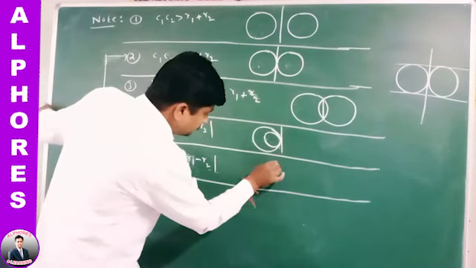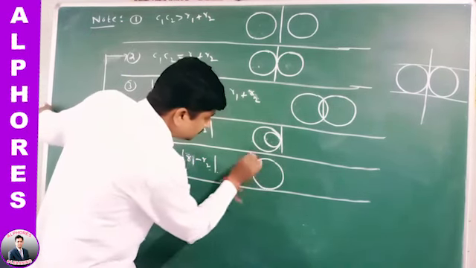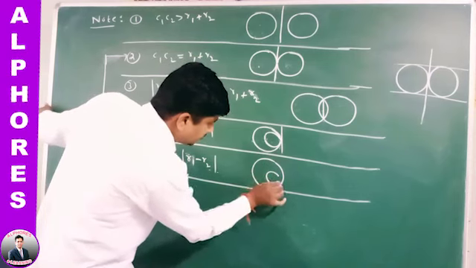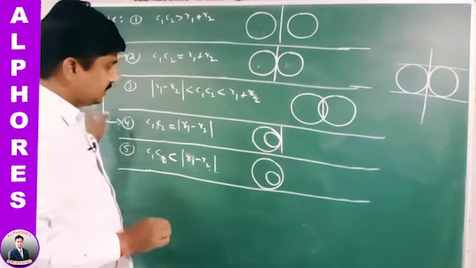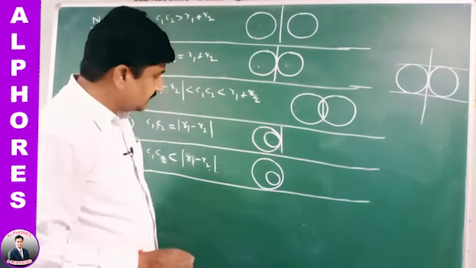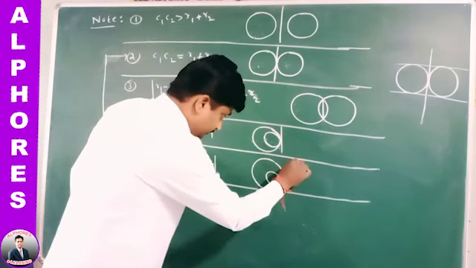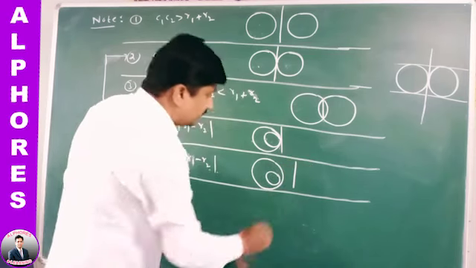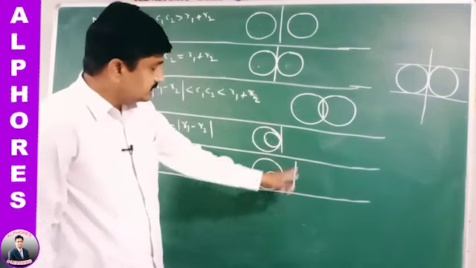In this case, one circle completely lies inside the other circle. Then the radical axis lies outside of both the circles. This is the radical axis.